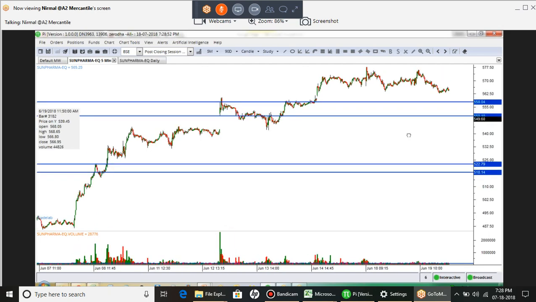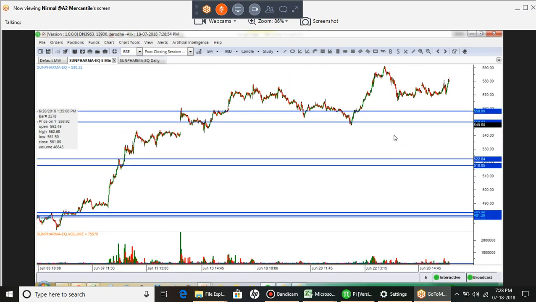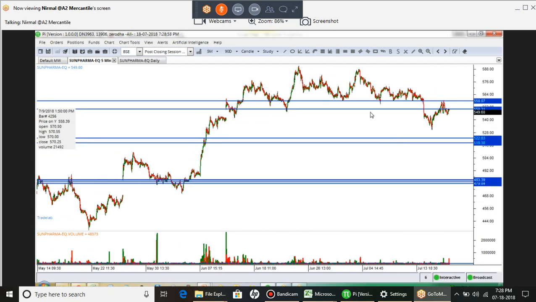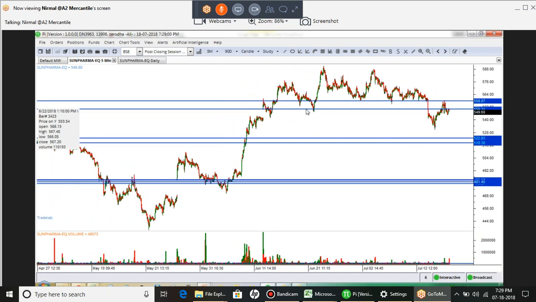Okay. The third level of support. Do you see this? Yes or no? This is level number 3.